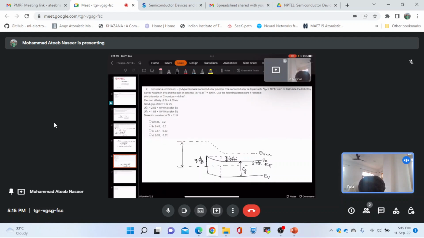This is the metal work function q phi m. So if I now use the potential balance, let me insert some slides.